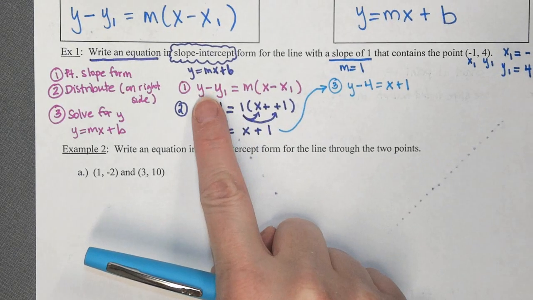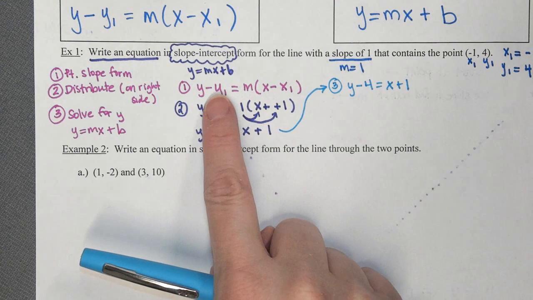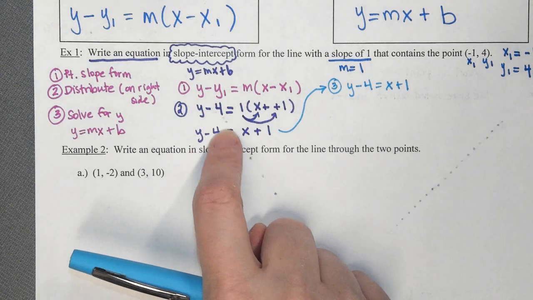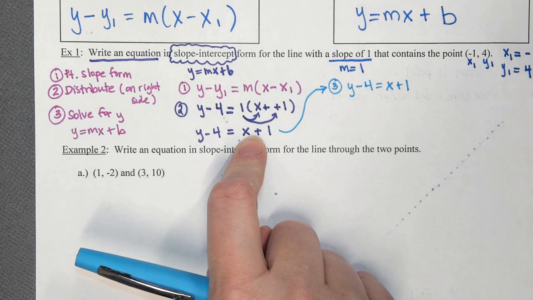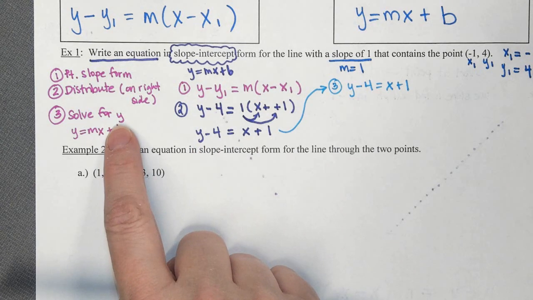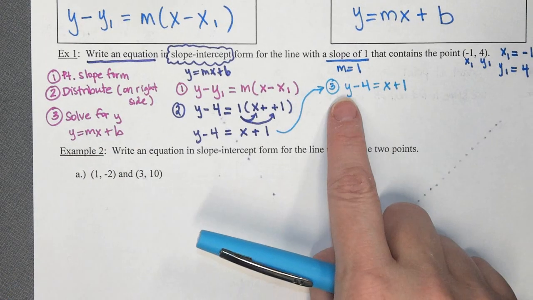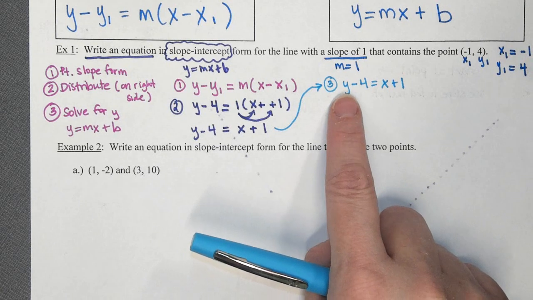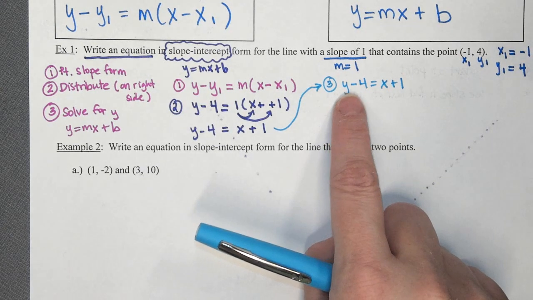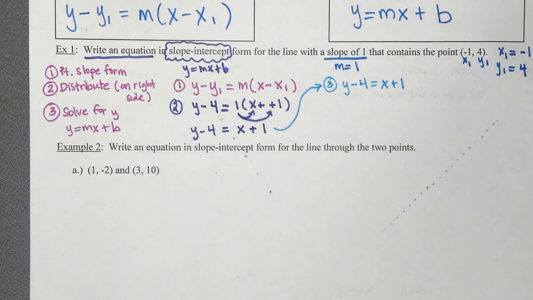Okay, so I rewrote this in the point slope form, then I distributed. Now I have to solve for y, which means I'm getting it in the form y equals mx plus b. Okay, so Bree, if I have y minus 4 on this side, what do I need to move over?